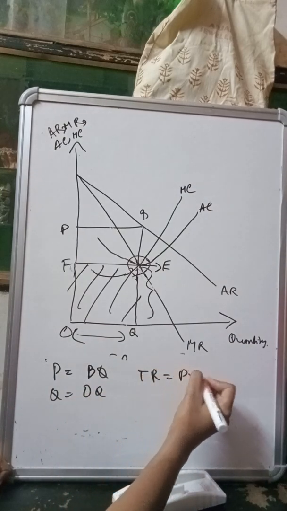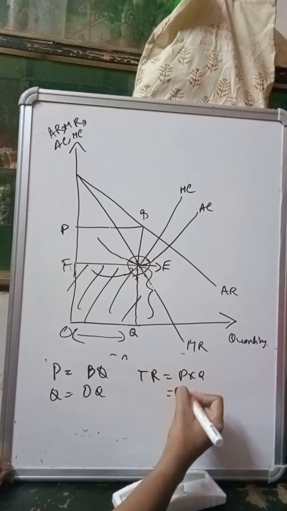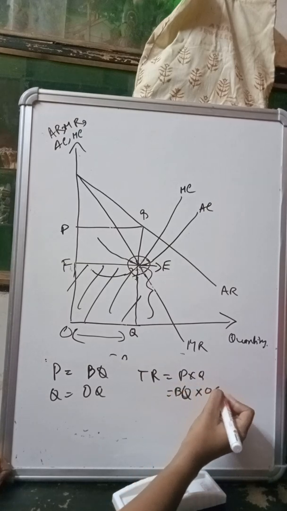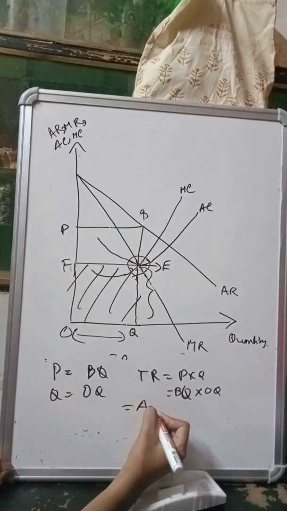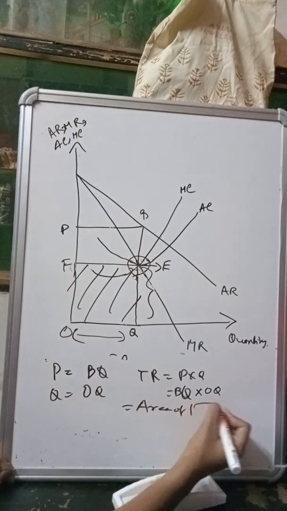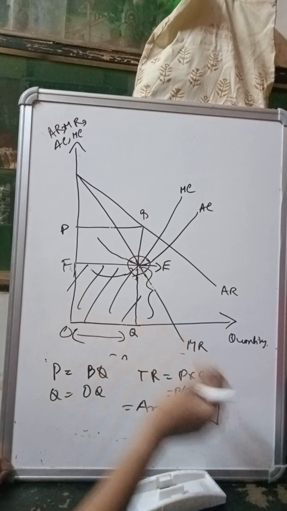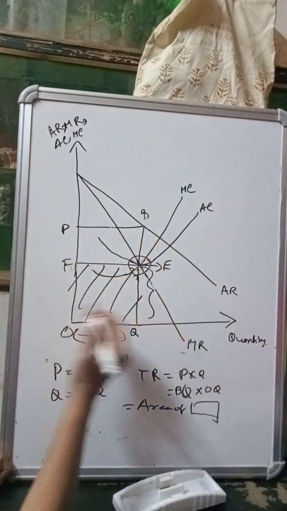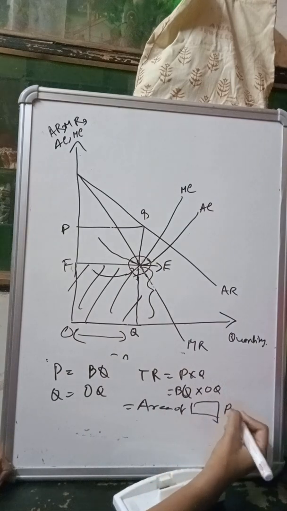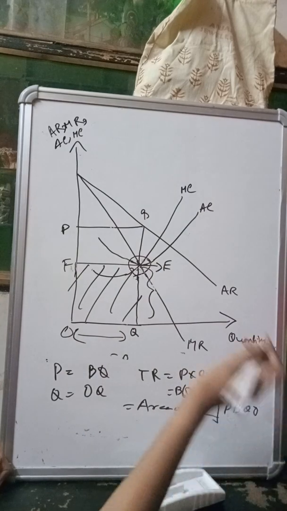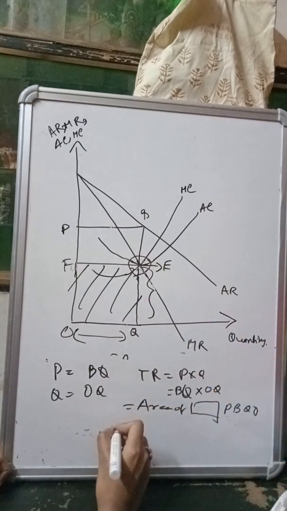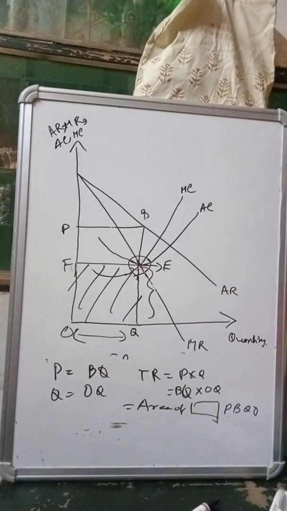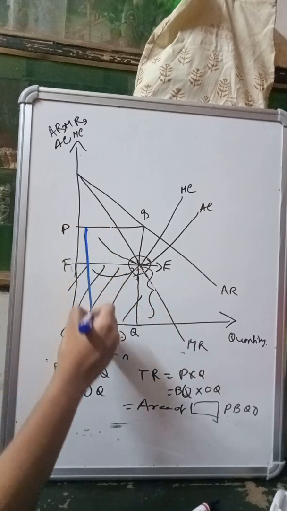It is P into Q, that is BQ into OQ, and BQ into OQ is nothing but the area of the rectangle PBQO, right? PBQO is this one, this total one.